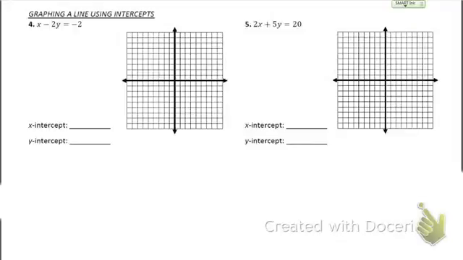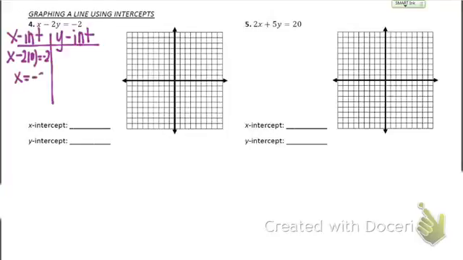Okay, so looking at number 4, let's find the intercepts first really quick. So I have x minus 2y equals -2. So let's make our t-chart. X-intercept, y-intercept. X-intercept is where y equals 0. So this is going to be x minus 2 times 0 equals -2, which just gives me x equals -2.